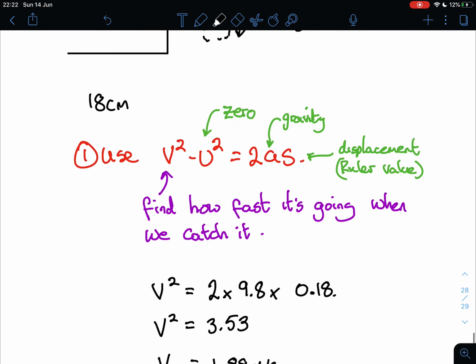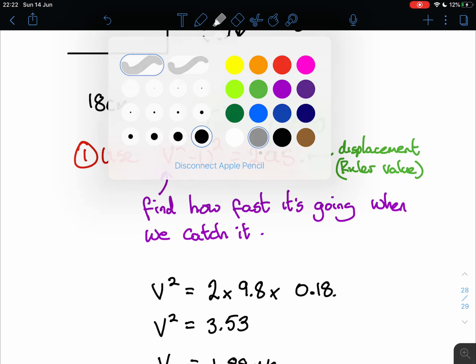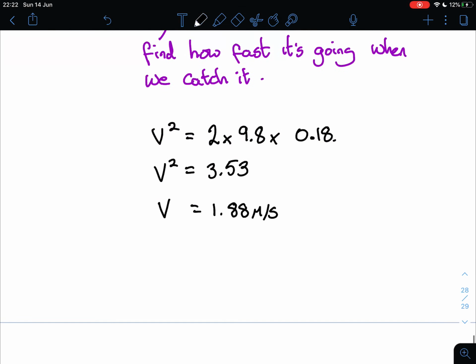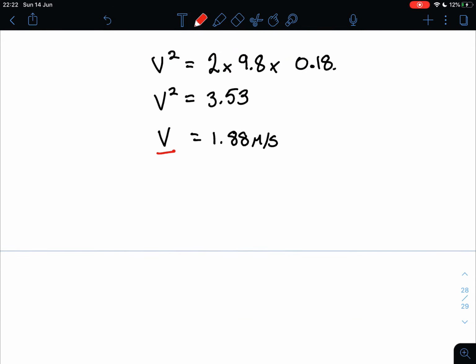Using that equation, absolutely crucial that you start there. Okay, so that's the starting point. Next, 2. We're going to take this v and we're going to use v minus u over t equals acceleration.